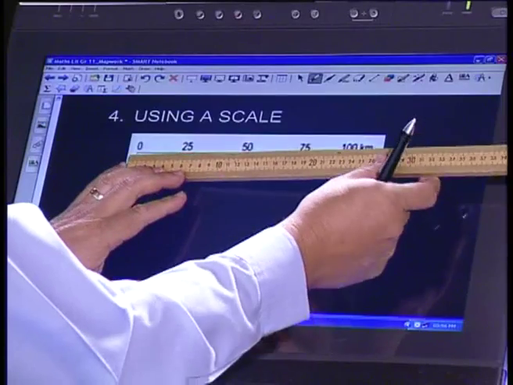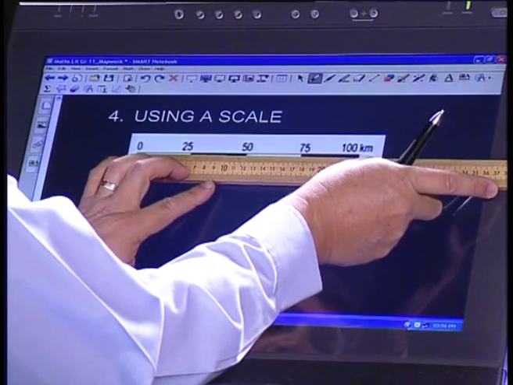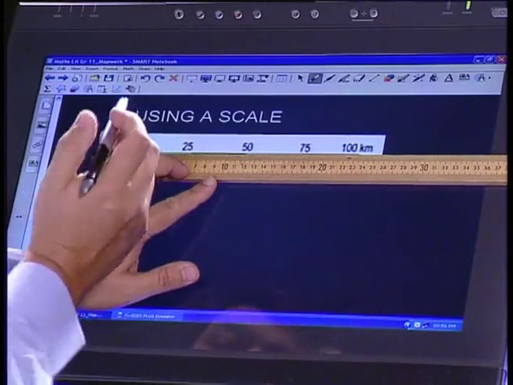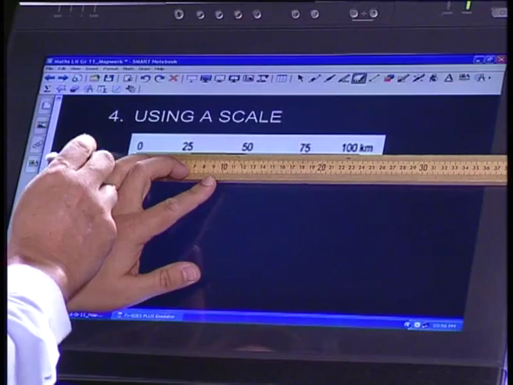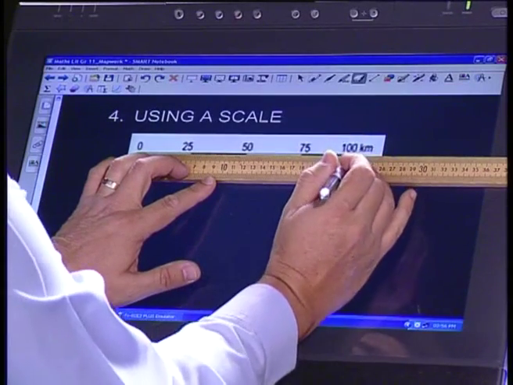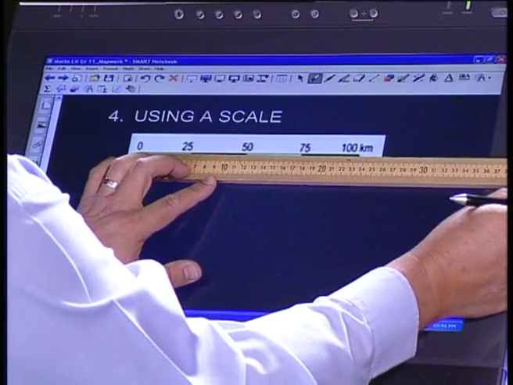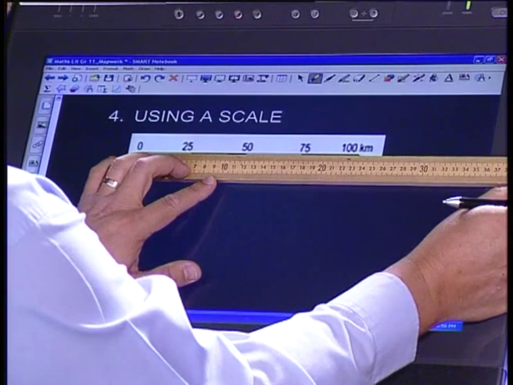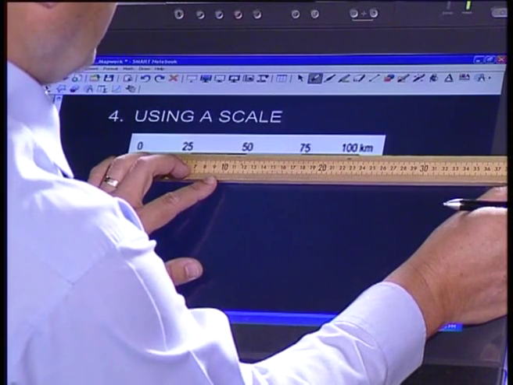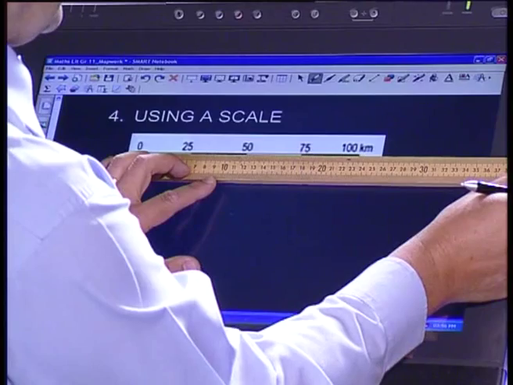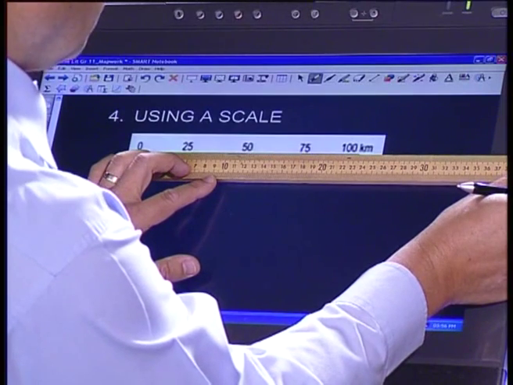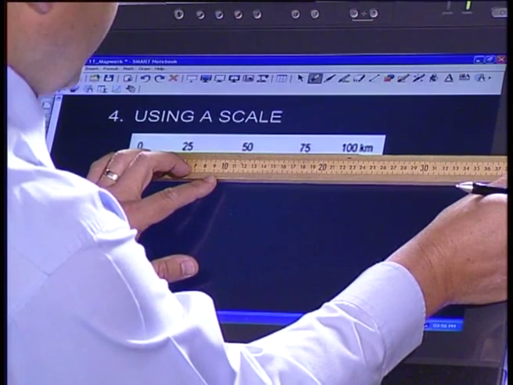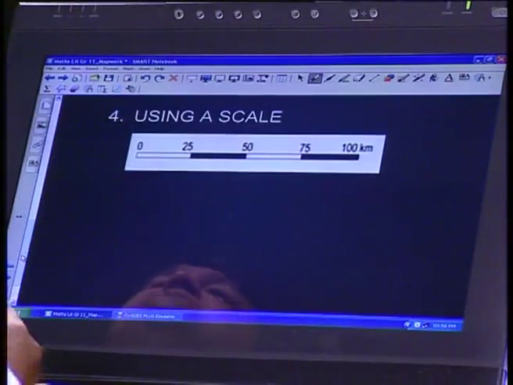So we have 100 kilometers. But if I were to put my ruler down on the screen, I would actually see that from the beginning all the way through to the end of the 100 Ks, I measure it to be about 225 millimeters.